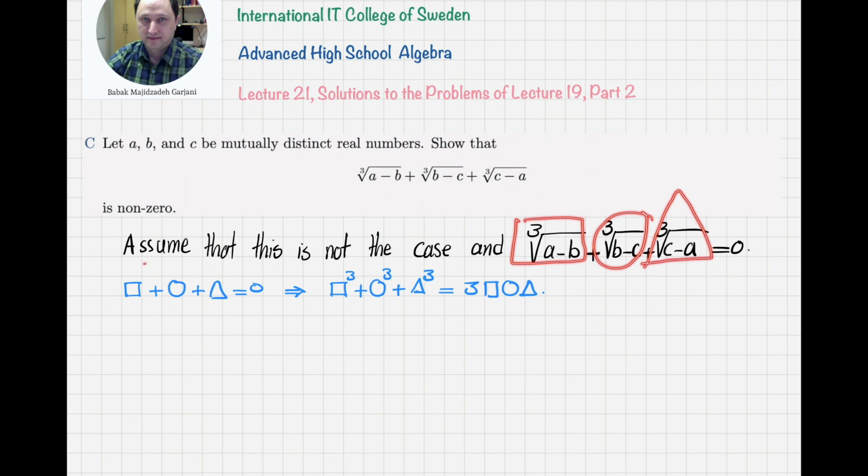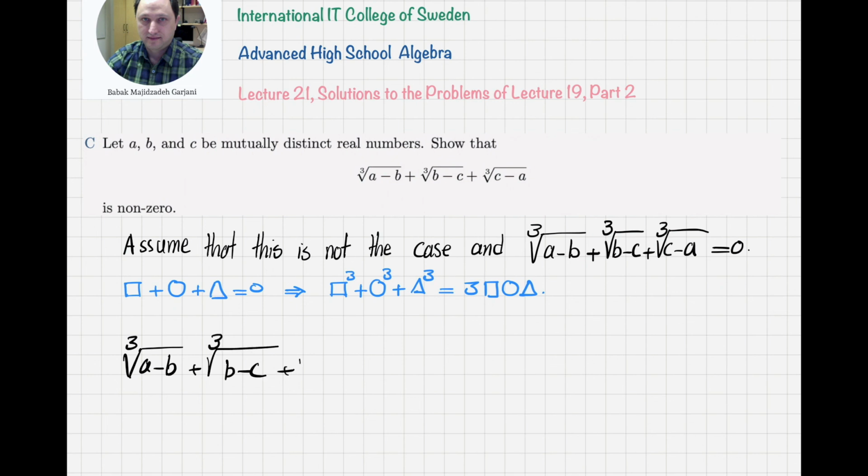If this sum is equal to 0, based on this expression I can say that the third power of the first one, so let me write it here for you. We know that the third root of a minus b plus the third root of b minus c plus the third root of c minus a is equal to 0.